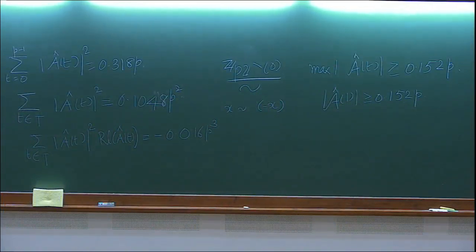And now what is the advantage of this a hat 1? There is a theorem of Lev which says that if a hat 1 is too large, then there are a lot of points on one half circle.